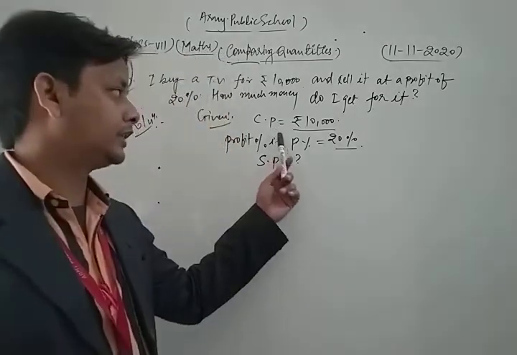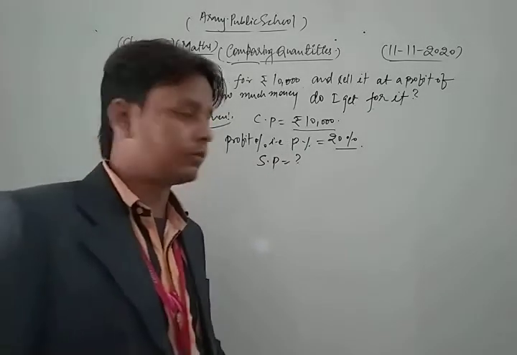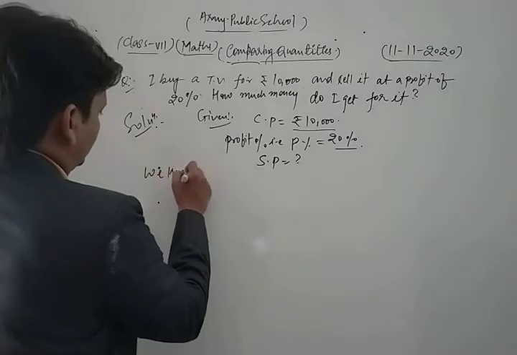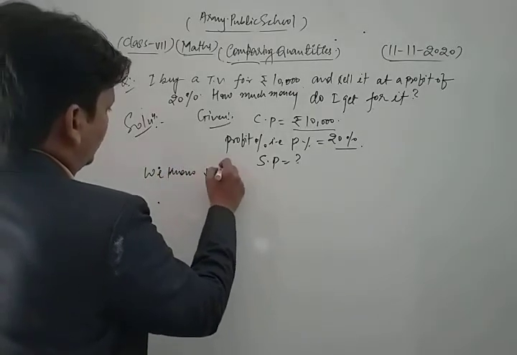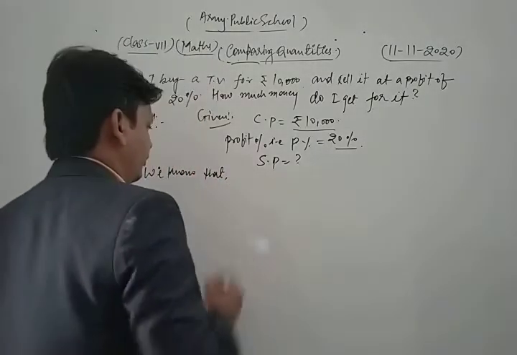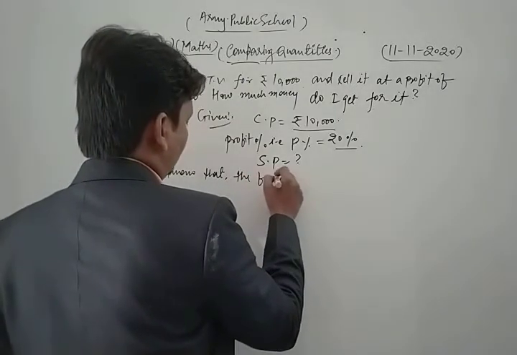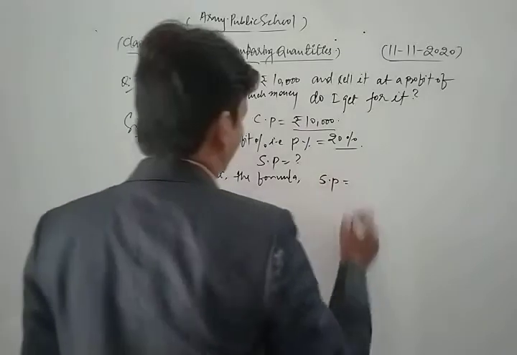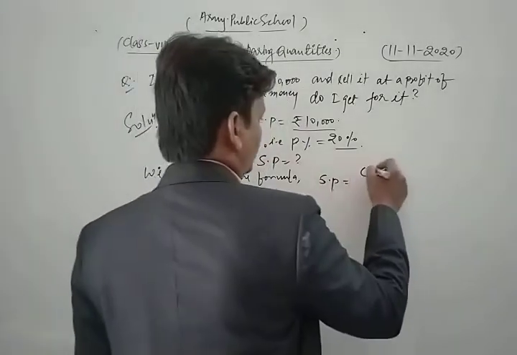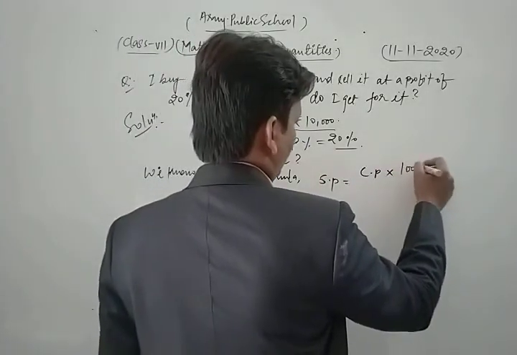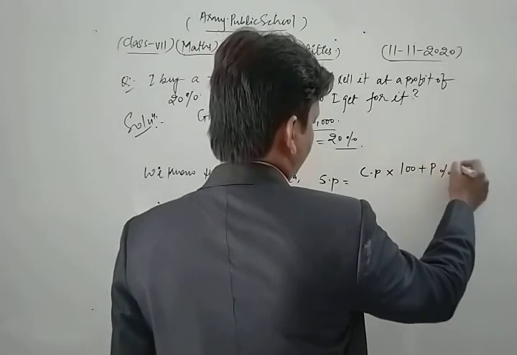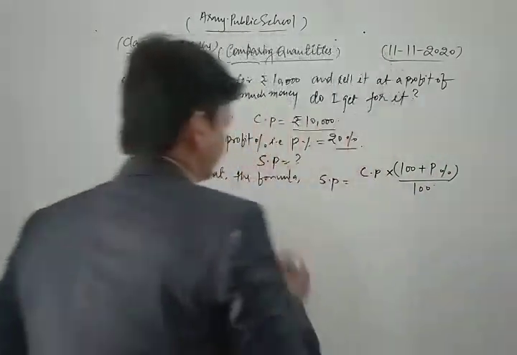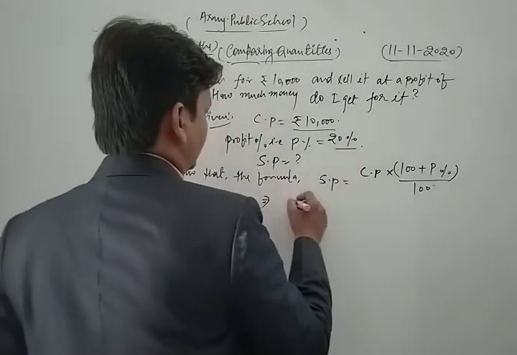We know that the selling price is equal to cost price into 100 plus profit percent upon 100.